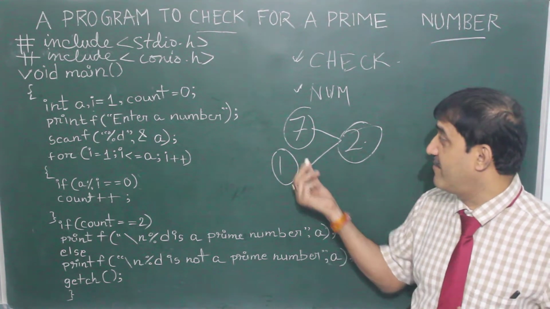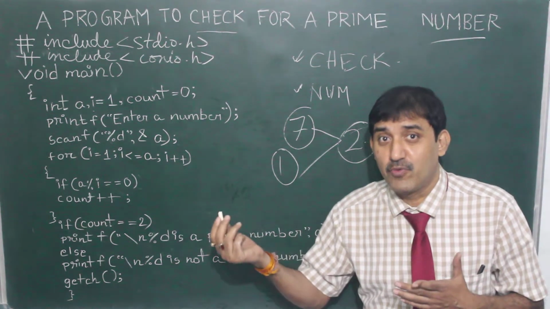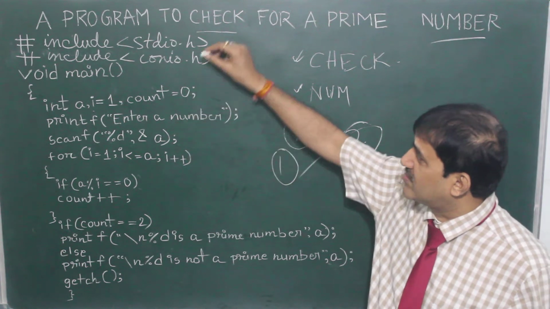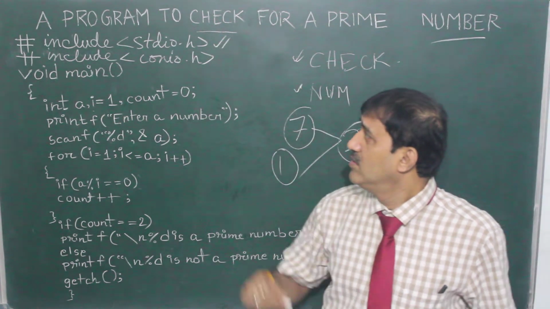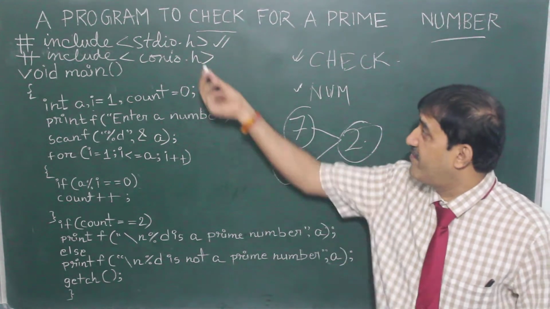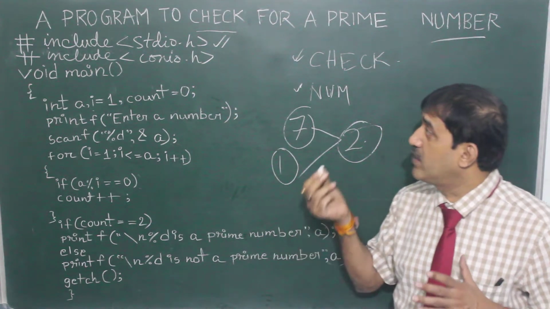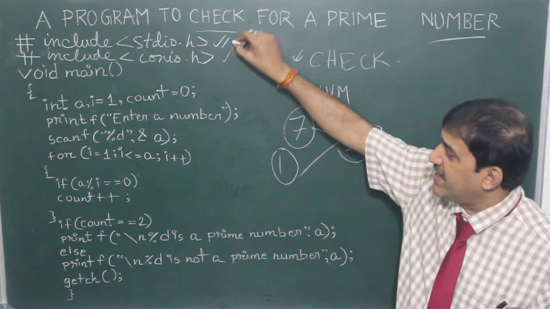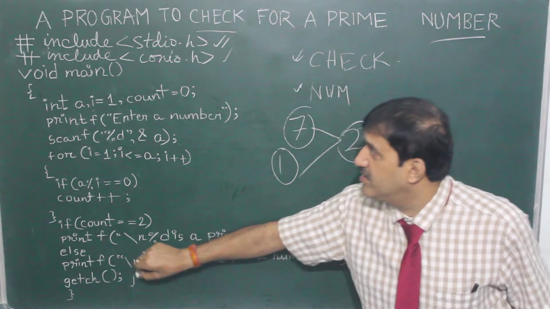Now I have given this logic that will be coming in your program. First of all, including stdio.h, standard input output, we are accepting the library function to do the input output. Then conio.h, that is the getch we are using over here.